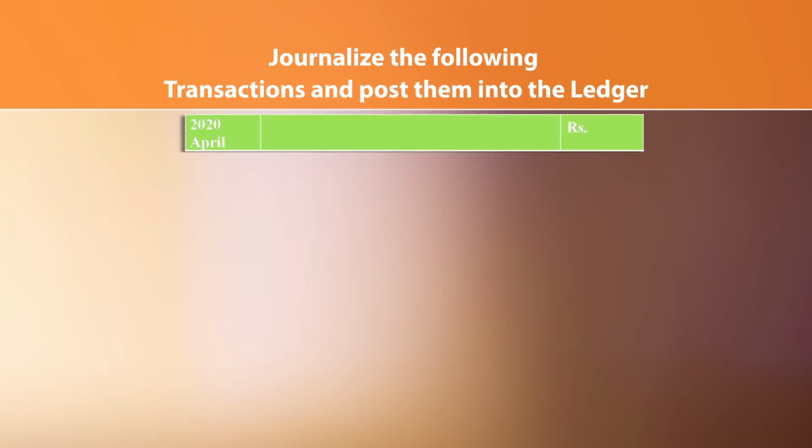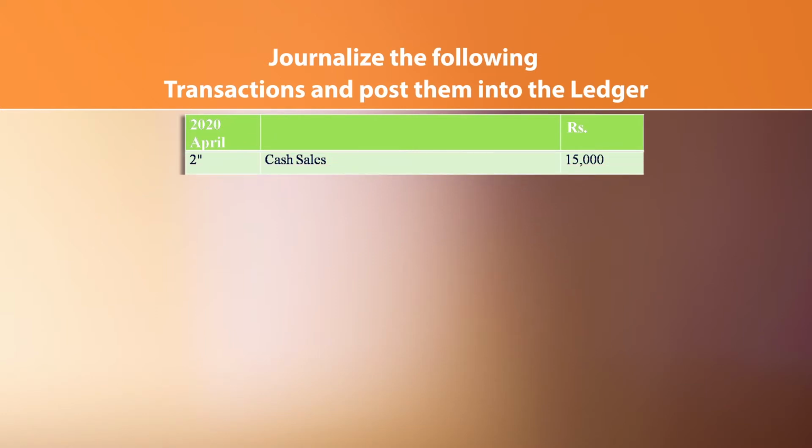So first of all, on 2nd of April 2020, the first transaction is cash sales. Well friends, you might be well aware that in this transaction two types of accounts are affected. First one is cash account and then the second one is sales account.